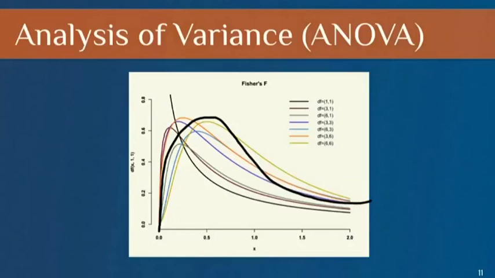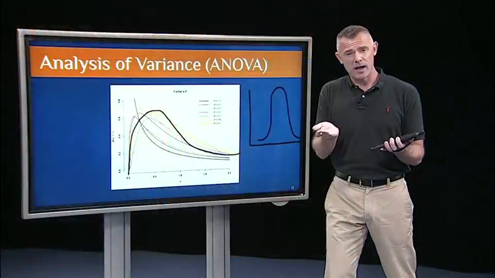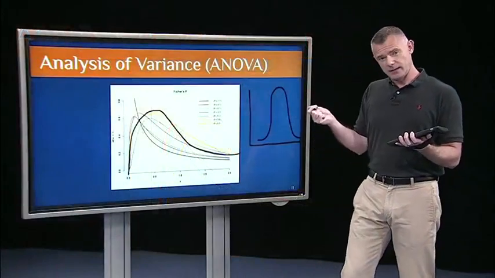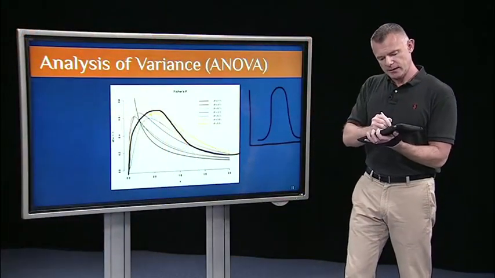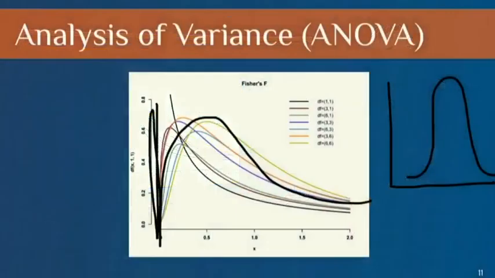The most important thing to notice here is it's not like the T or Z distribution, right? The T or Z distribution gave us that nice normal, bell-shaped curve. It's not symmetrical because negative values are impossible. It's a ratio of variances. So you see it's bounded at 0. So we can't get negative values.